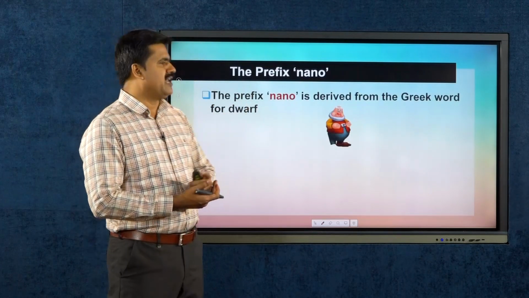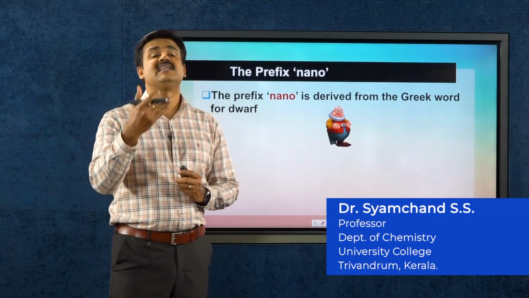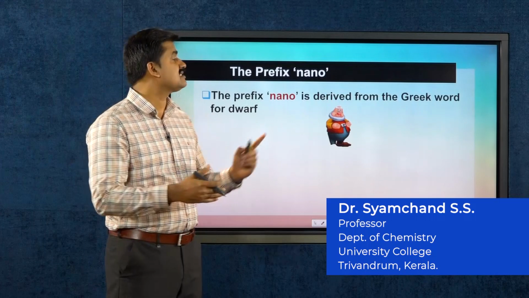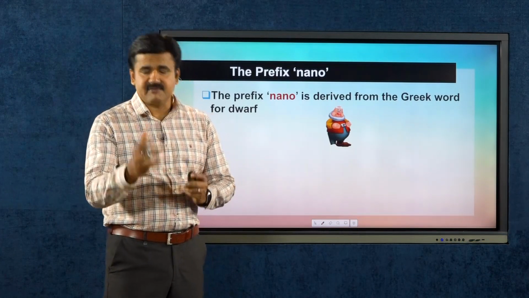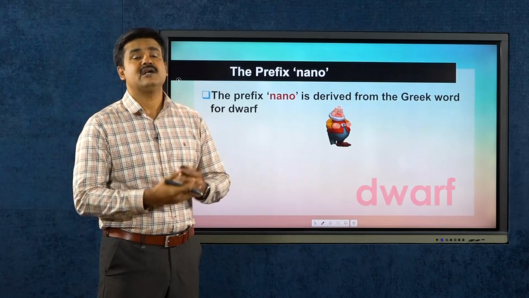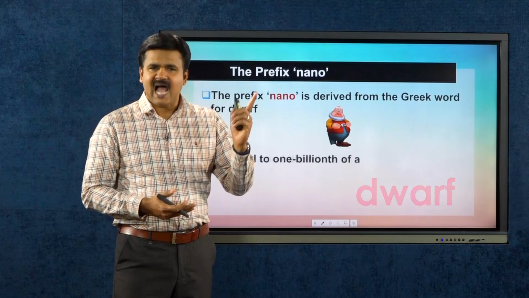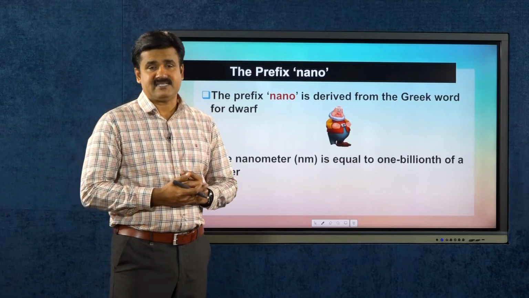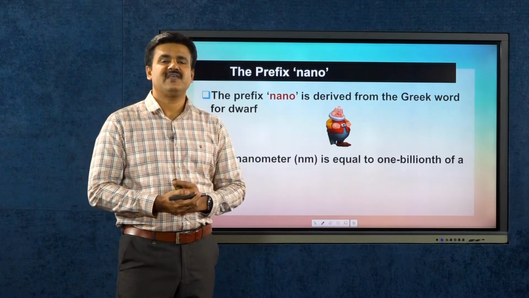The prefix nano is actually derived from the Greek word. It represents dwarf. That is, nano is derived from the Greek word for dwarf. This is a dwarf. And actually 1 nanometer simply represents 1 billionth of a meter.